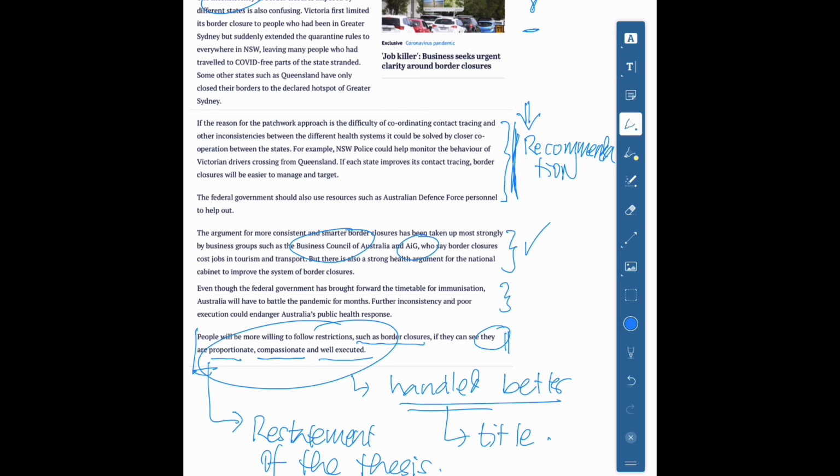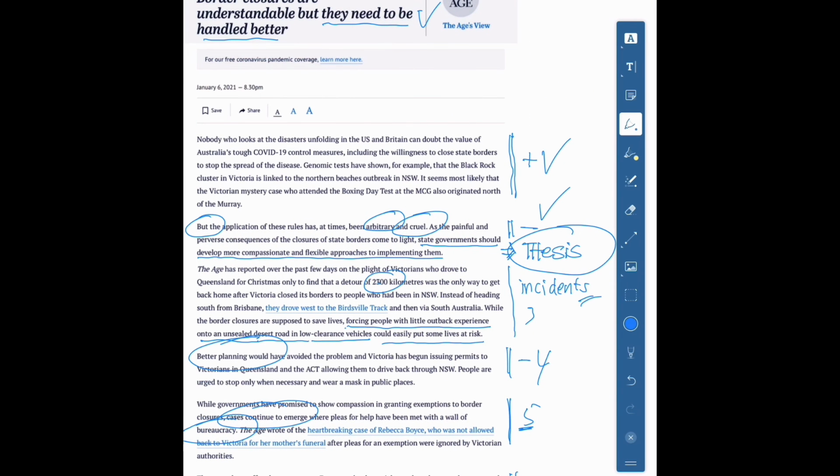So to wrap up, an editorial starts with a title in a full sentence, and it usually already contains a recommendation or a demand from the author, from the newspaper, to the authority to do something. The title is briefly elaborated in the first one or two paragraphs as the introduction, and at the end of the introduction is the thesis.